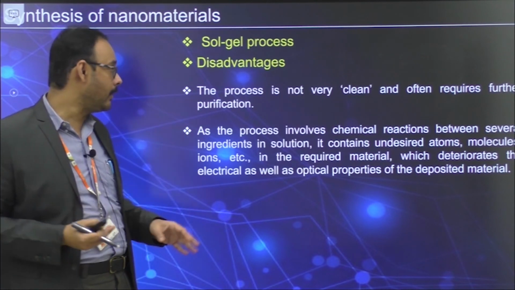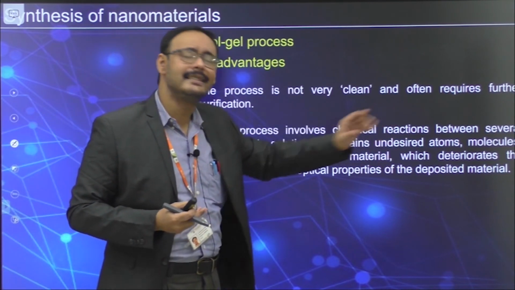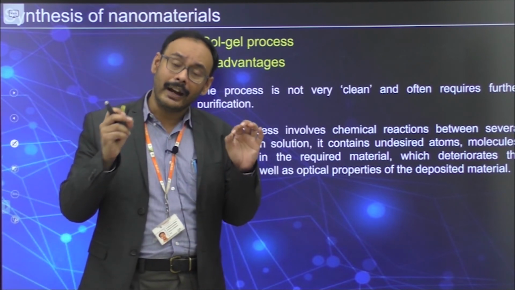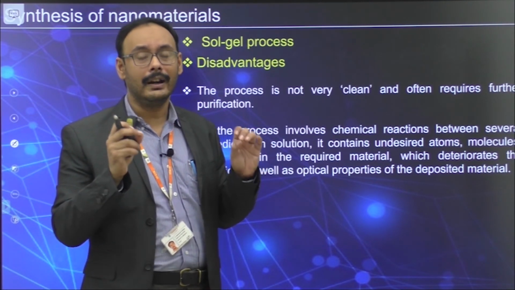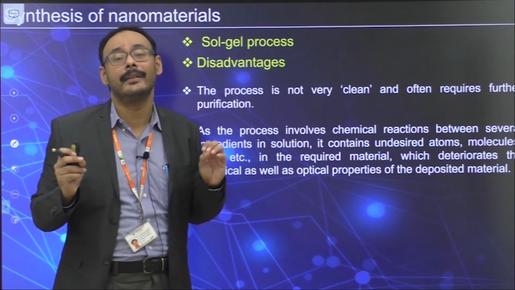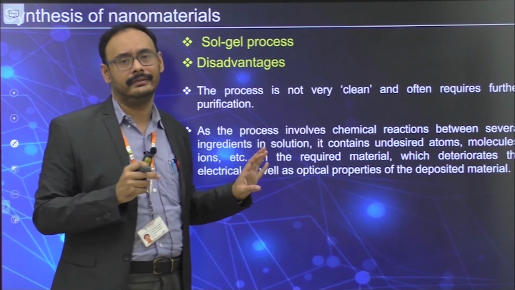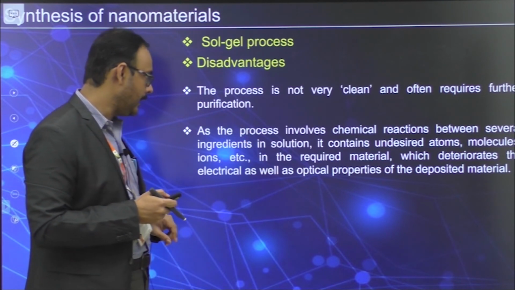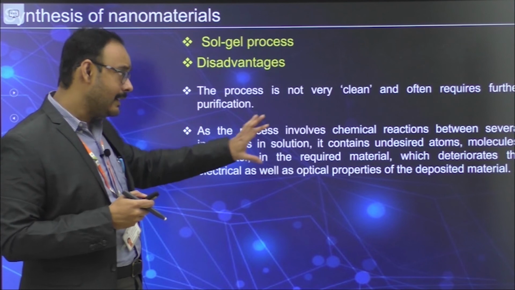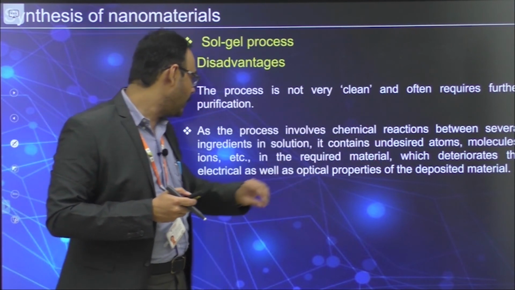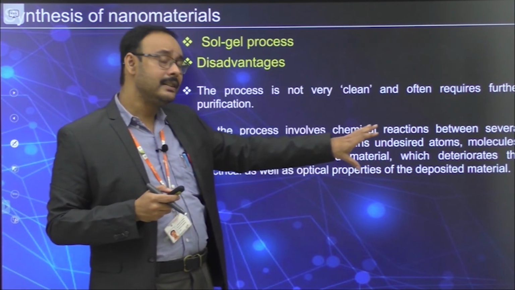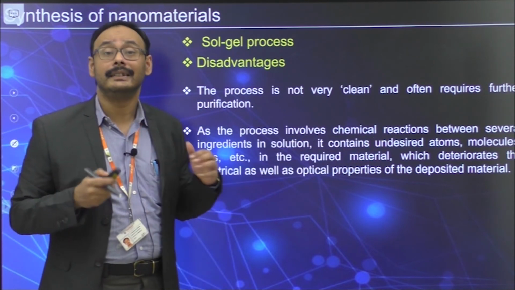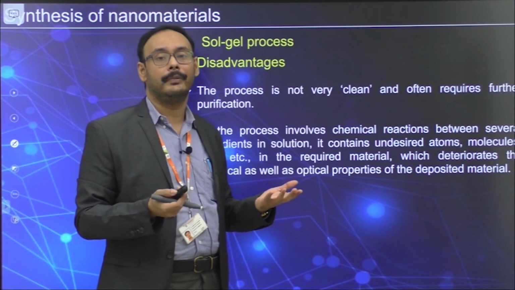Irrespective of that, it contains undesired atoms. Though, as I said, it is easy to identify what the undesired product could be, they are still there. That's why it is not always the cleanest method. Because it contains some undesired atoms and molecules in the required material, this deteriorates the electrical as well as the optical properties of the final product.